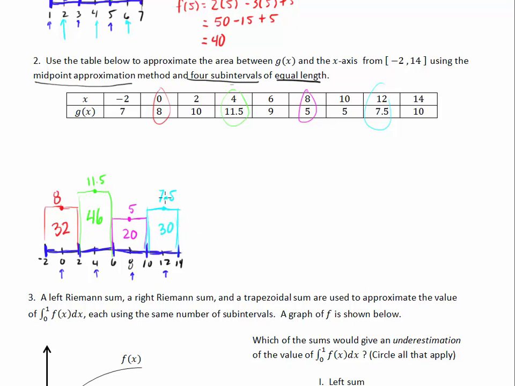Those all look about right. So we've got 32 plus 46 plus 20 plus 30.